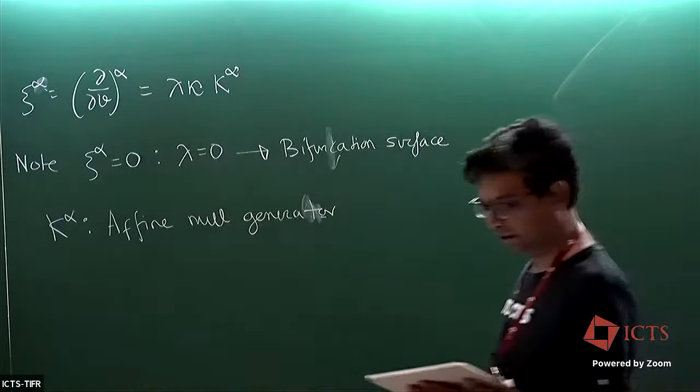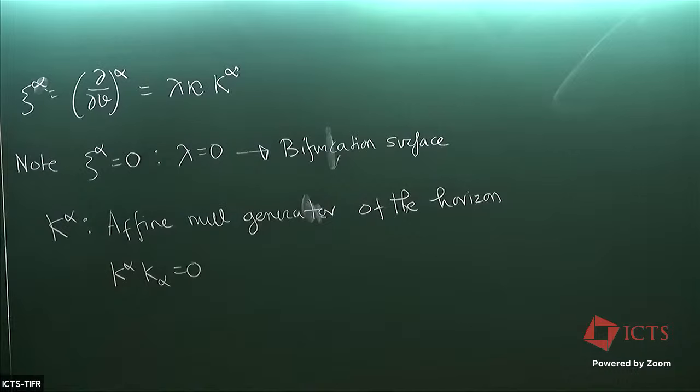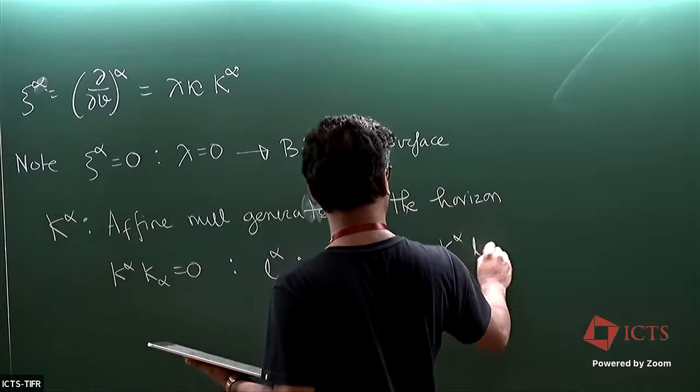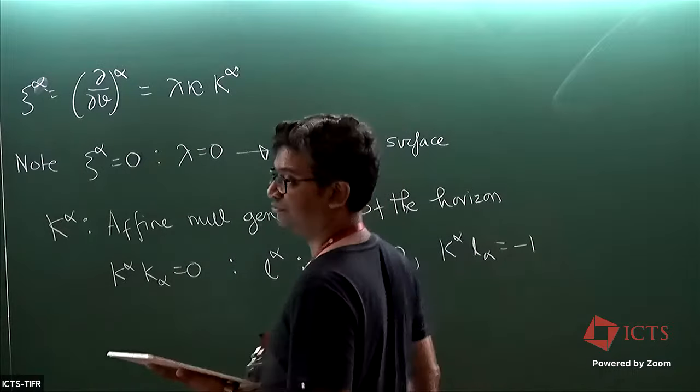So just like we did with xi, we will construct a basis using K^α as one of the basis directions. We will define another null vector, L^α, such that L·L equals 0, but K^α L_α will be normalized to -1.